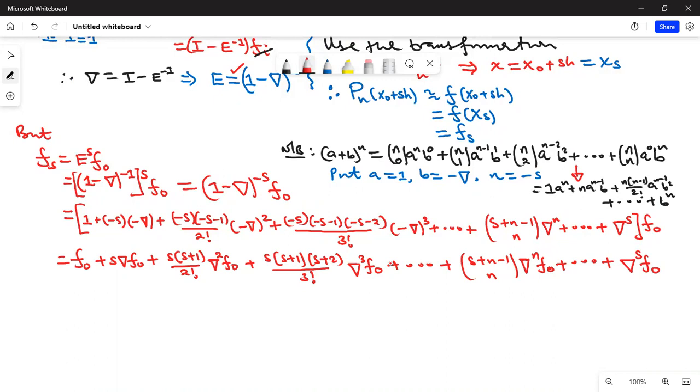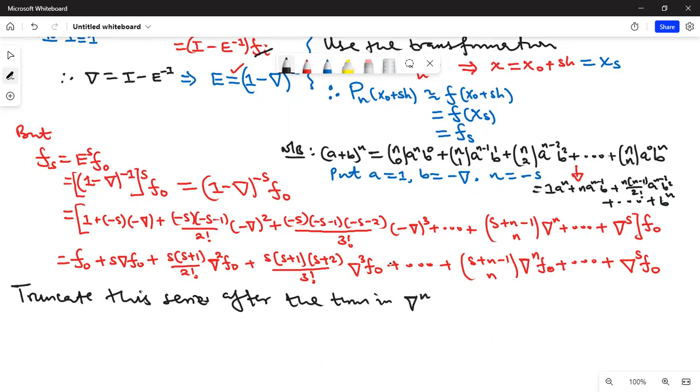So now we truncate the series after the term involving the nth order. So you can write here, truncate this series after the term in delta raised to n to get the interpolating polynomial.